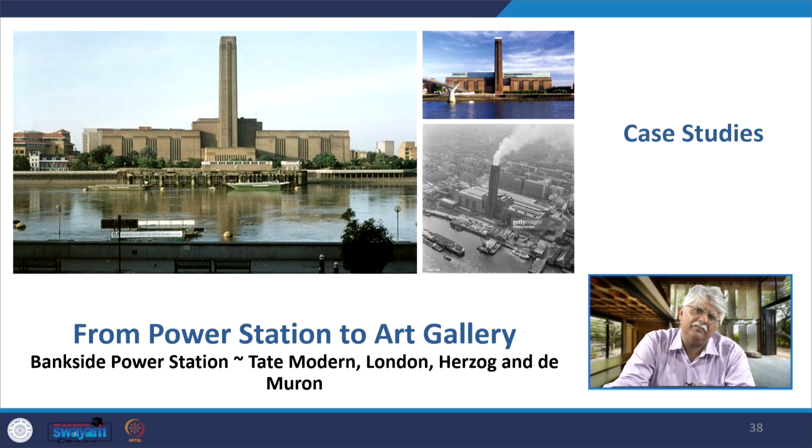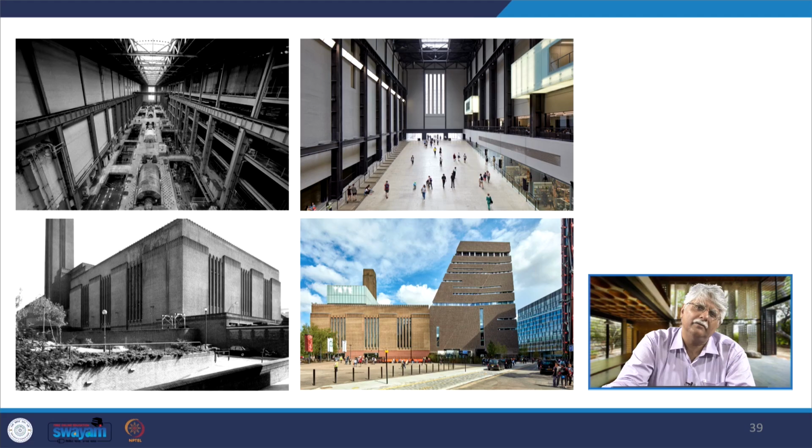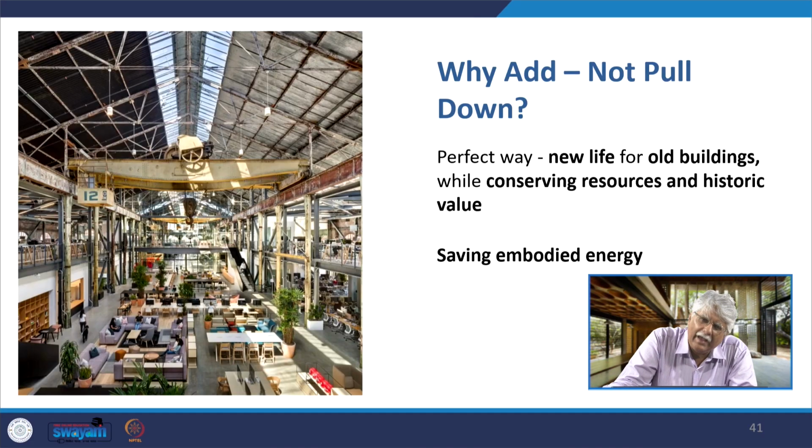We have seen this case study from a power station to an art gallery, the Tate Modern. These are some of the internal pictures of the Tate Modern. So why add and not pull down? It is a perfect way to give new life to old buildings while conserving resources, historic value and saving embodied energy, embodied carbon.